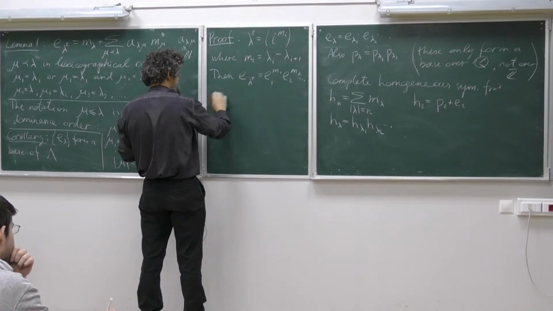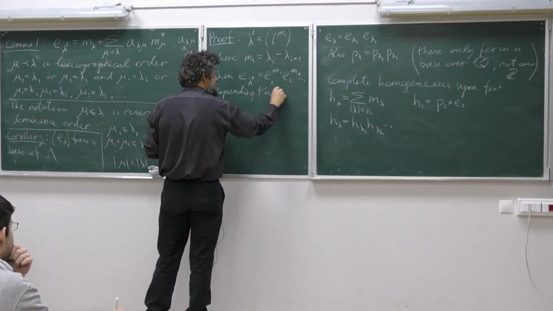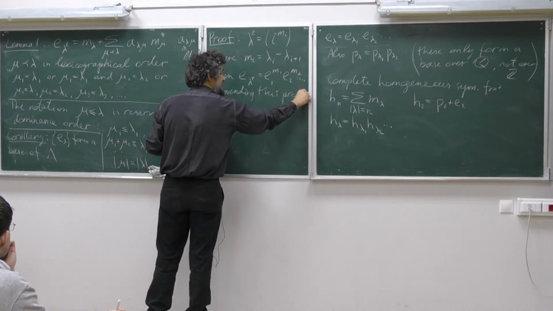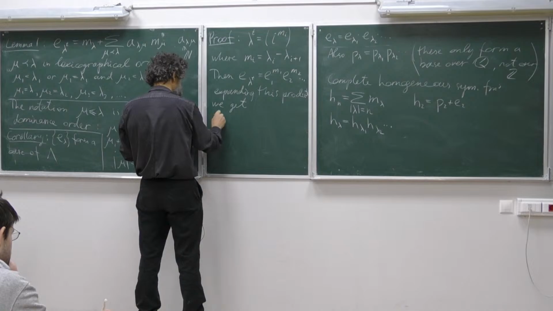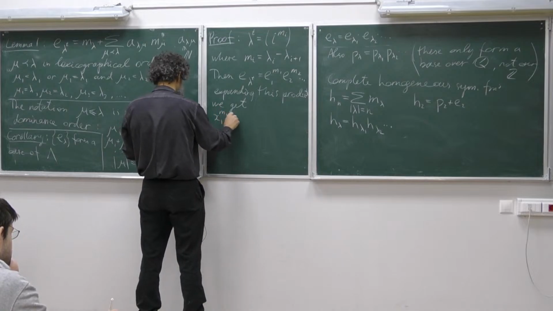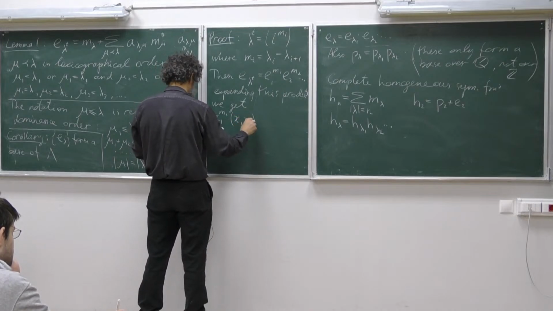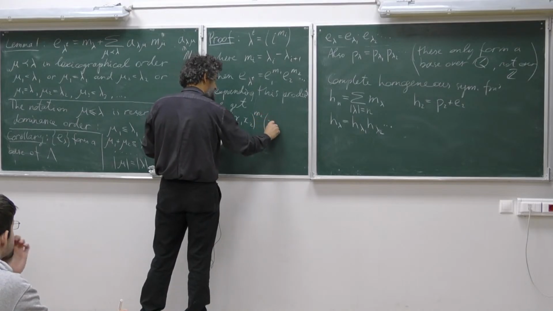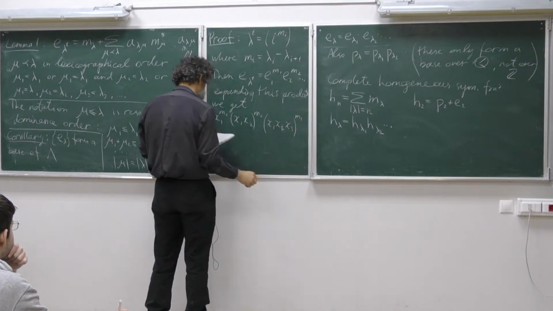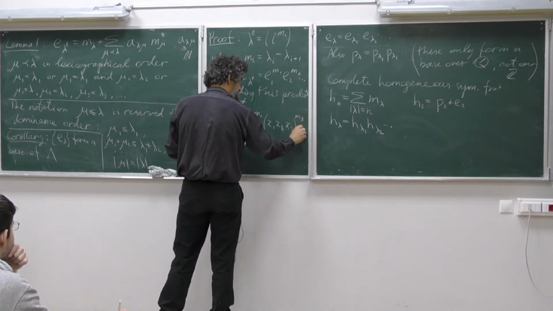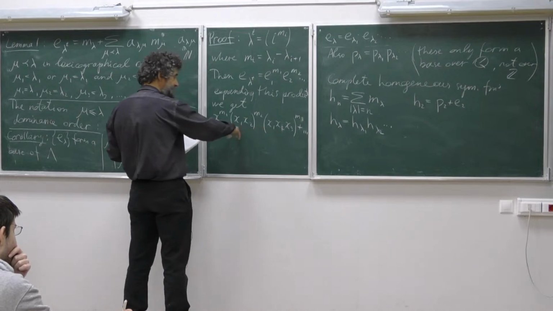Well, just expanding this product, we get x1 to the power m1 times x1, x2 to the power m2 times x1, x2, x3 to the power m3 plus many more terms, but this term is the leading one, so to say.